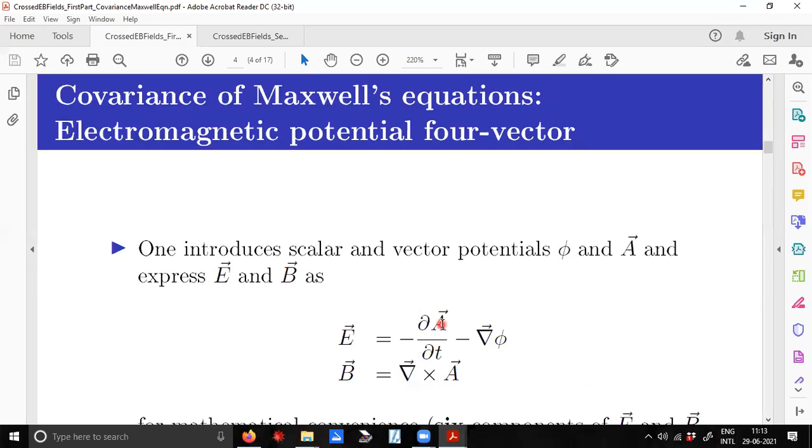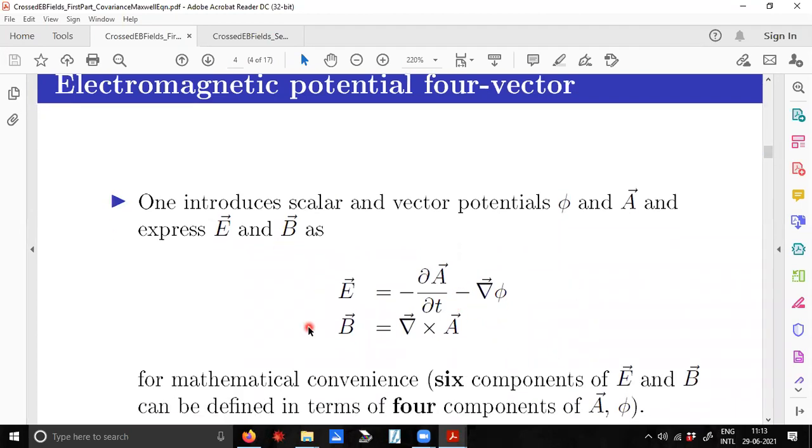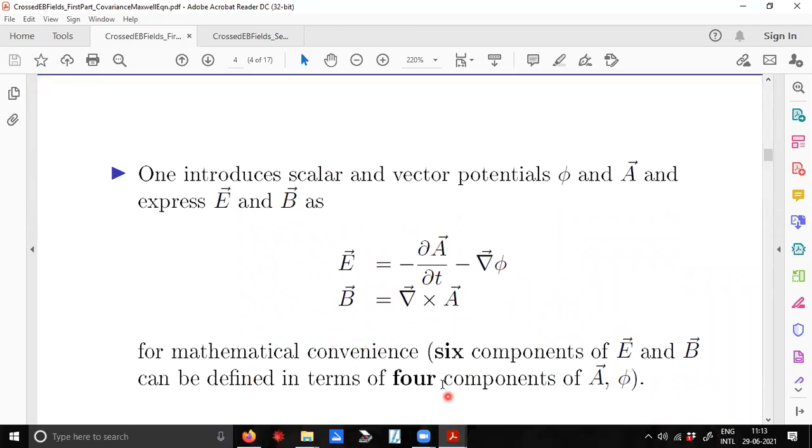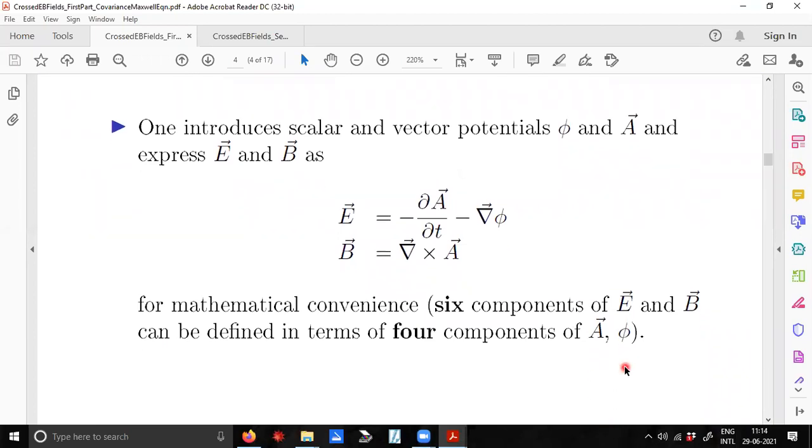But I can do it with 3 components of the vector potential and 1 scalar potential. 4 quantities can be determined if I write it in this way, and then I can find the electric field. If I know A and φ, I can determine E and B. That is the whole philosophy. It is introduced for mathematical convenience. The 6 components of electric and magnetic field can be defined in terms of the 4 components of the vector potential and scalar potential.